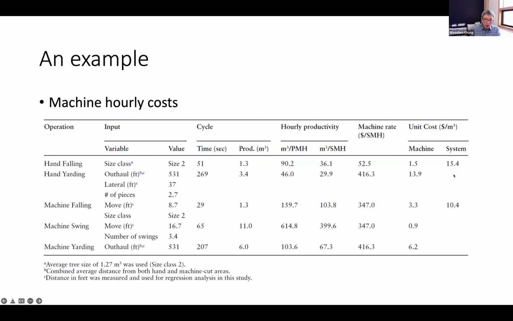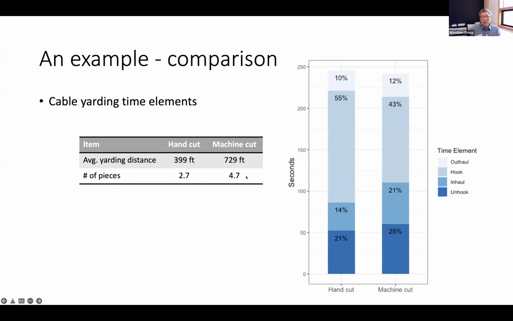Whereas if you use machine, then the cost essentially goes down to $10 per cubic meters. So through time study and cost analysis, we can show what the treatment cost would be, but having the detailed time study done, we can analyze where the difference resides and what causes the difference.